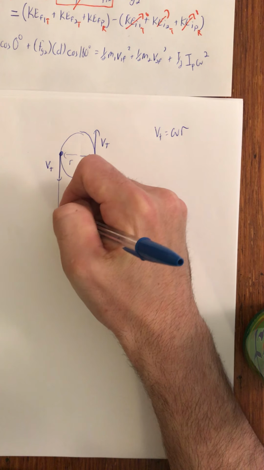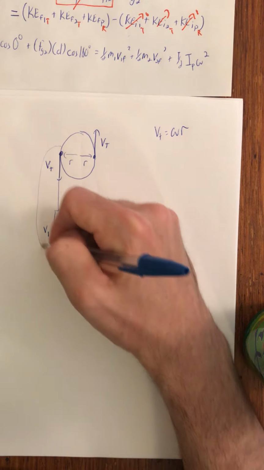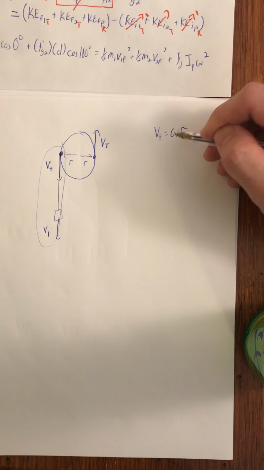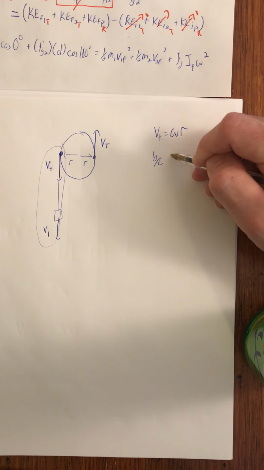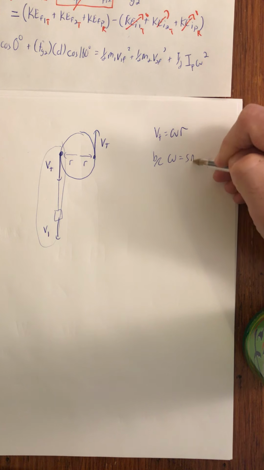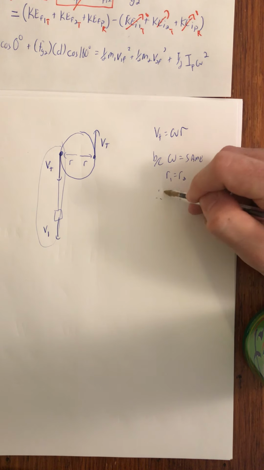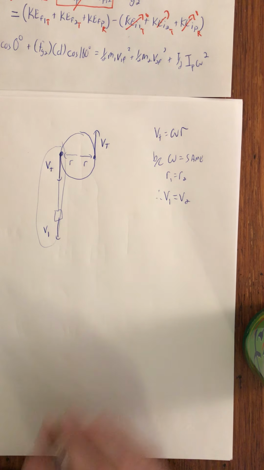Since this is attached along a rope, the tangential speed of mass 1 is equal to this tangential speed as long as the two r's are the same, because we know omega is the same for all points. So because omega is the same and r1 is equal to r2, therefore v1 is equal to v2. That's going to simplify our analysis.